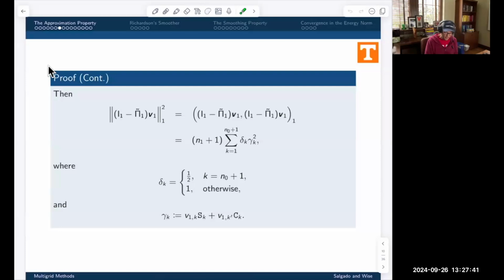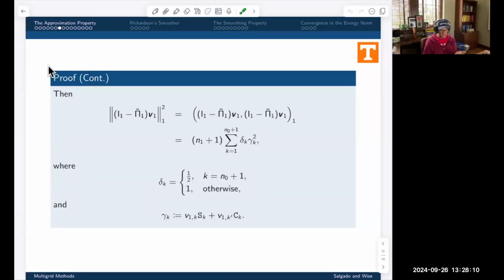And I just get n1 plus 1 quantity, sum k equals 1 to n0 plus 1, delta k gamma k squared. So it's exactly what we wanted to show. Previously, I think we argued that maybe this was alpha k and beta k, so it's quite generic. So we can change it back to sk and ck. But that's the basic technique for doing this.